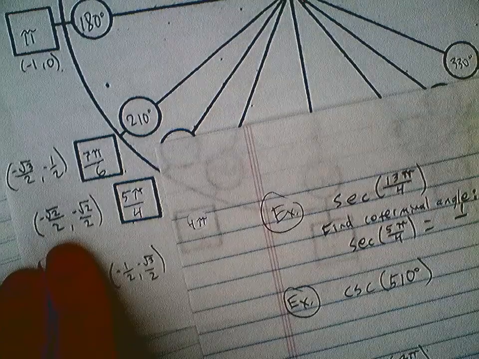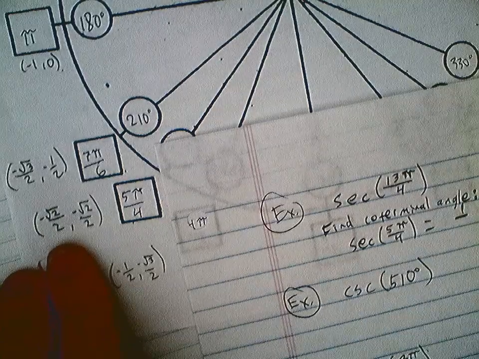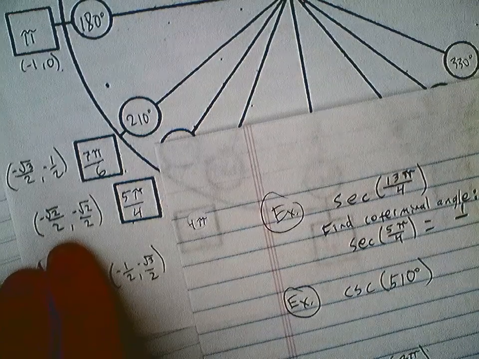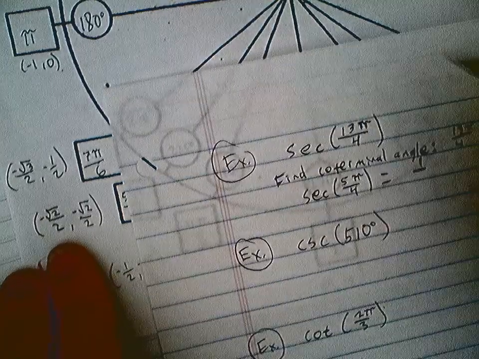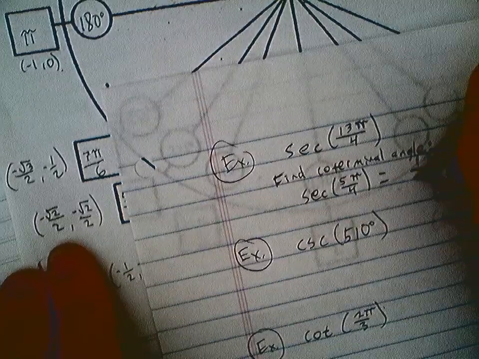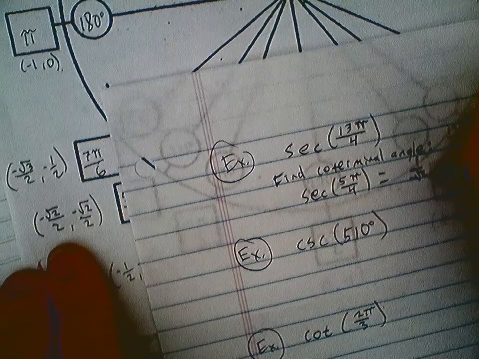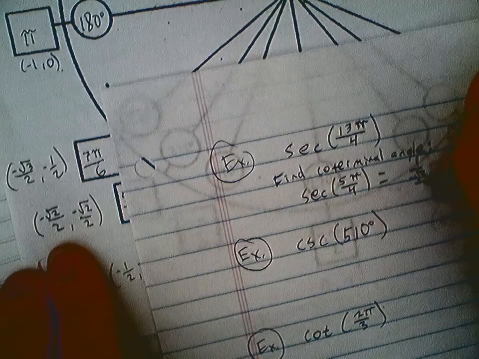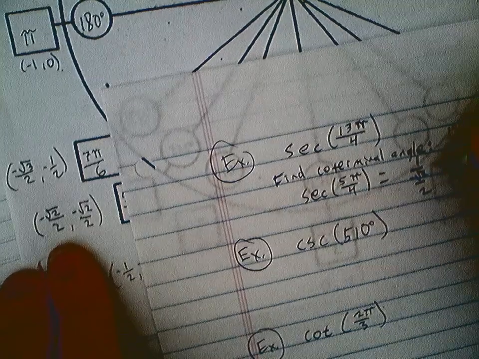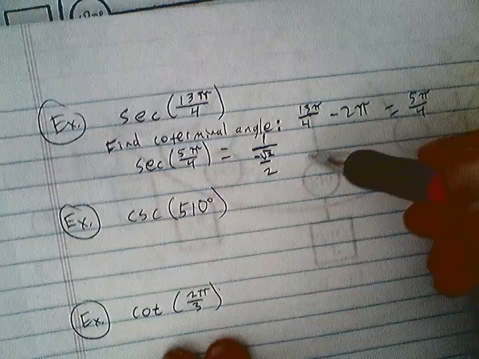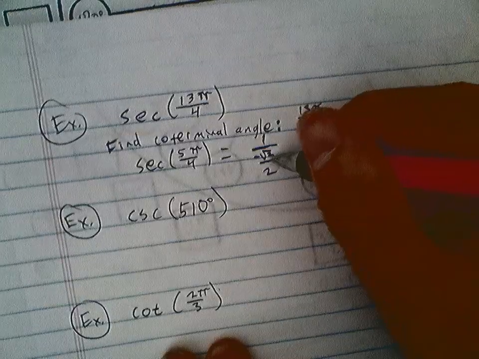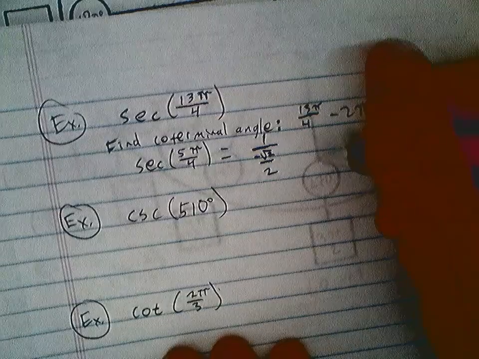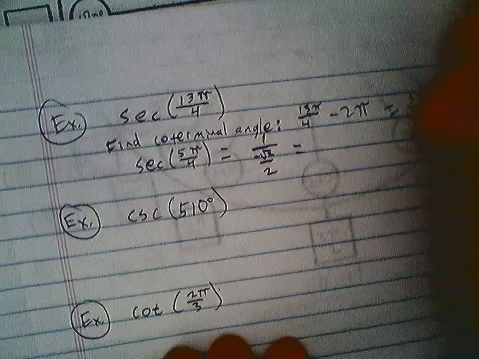So remember, for the secant of an angle, it's the reciprocal of cosine. So I'm going to do 1 over that x-coordinate. So I'm going to do 1 over negative square root of 2 over 2. Let me simplify that a little bit.